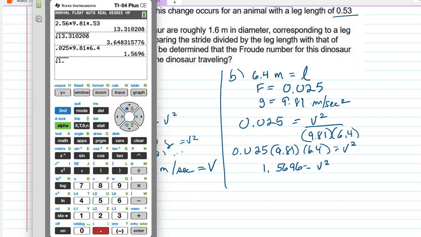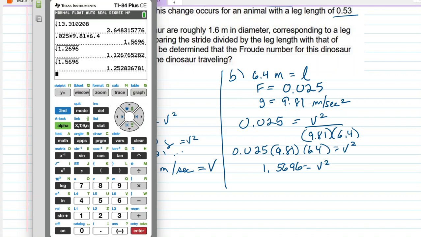And we're going to get, oh, I made a bobo. I am so sorry. The square root of 1.5696. So this is going to be 1.252828, etc. equals velocity, because we took the square root.